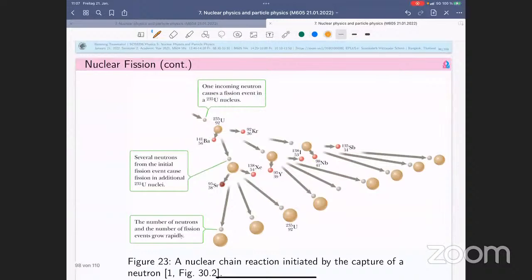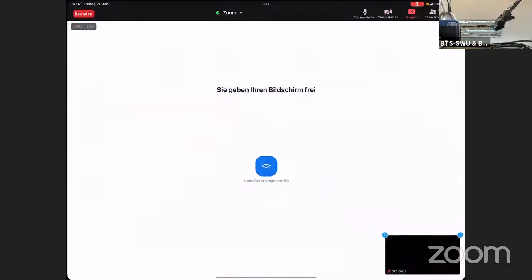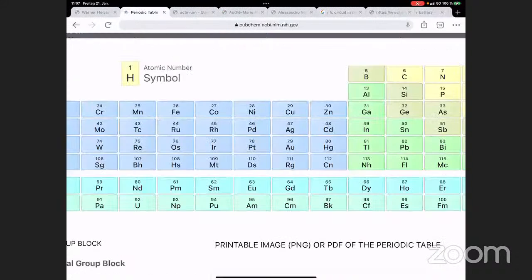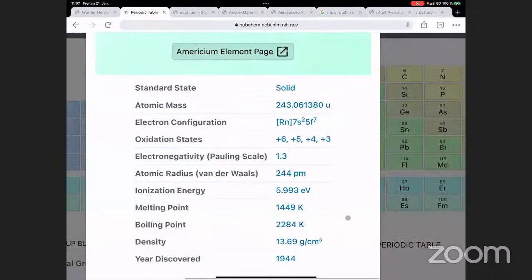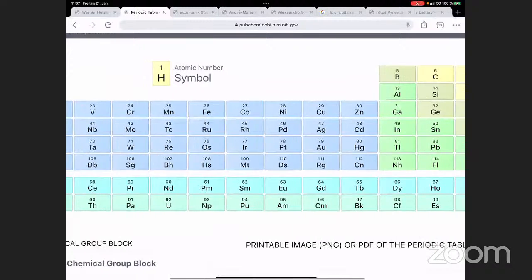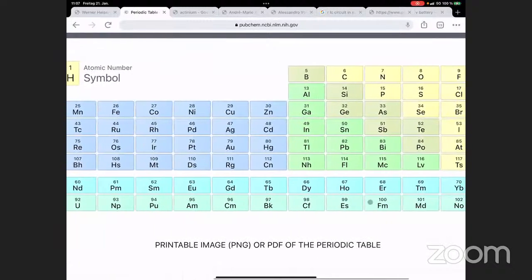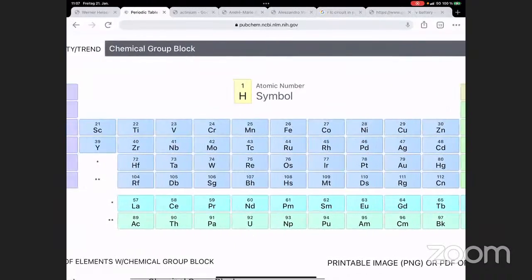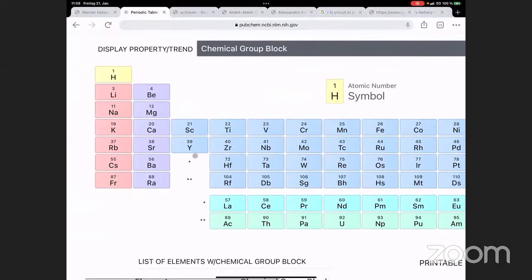For example, Sr and Xe-95. I want to see 95. Where is it? Sr, what is that? Any of you who know?